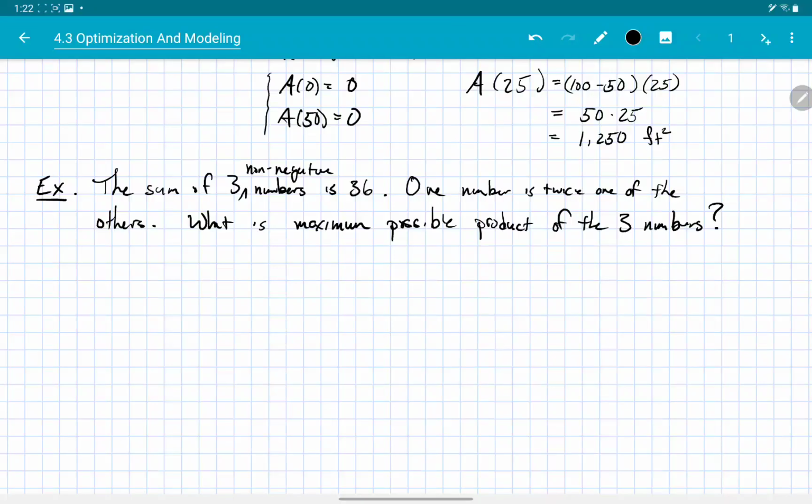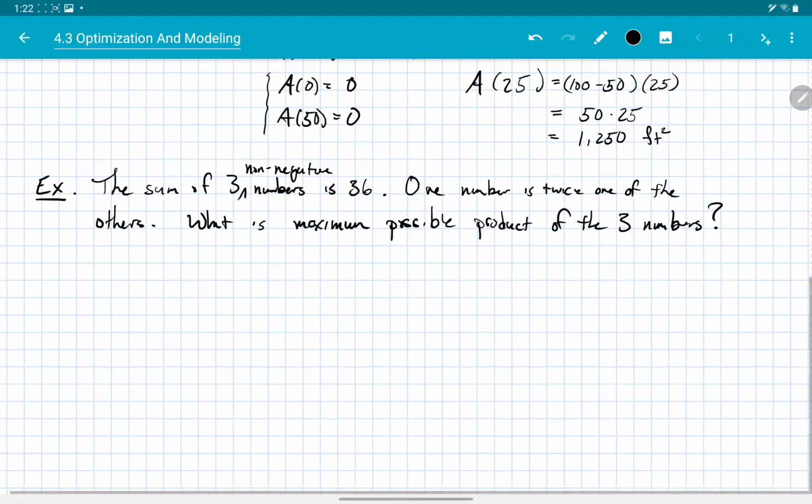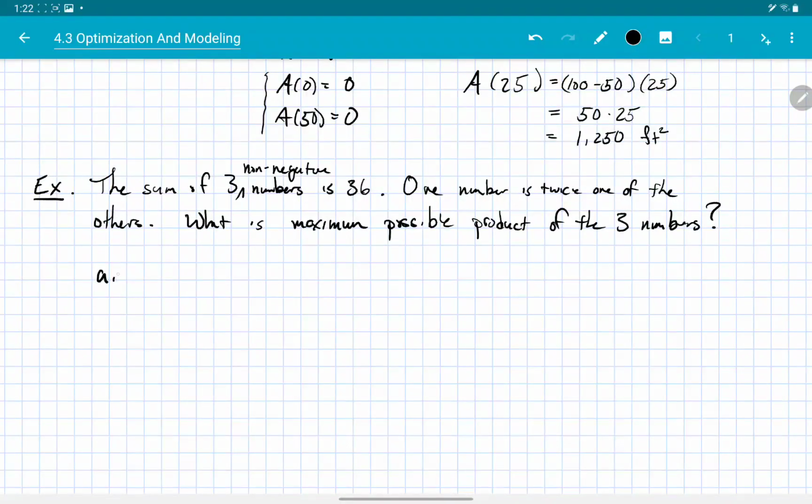Okay, so now we have to just kind of search around and find some equations. Let's call the numbers A, B, and C are the three numbers. I know that A plus B plus C is 36, all right, because the sum of the three numbers is 36. And I also know that one number is twice the other.